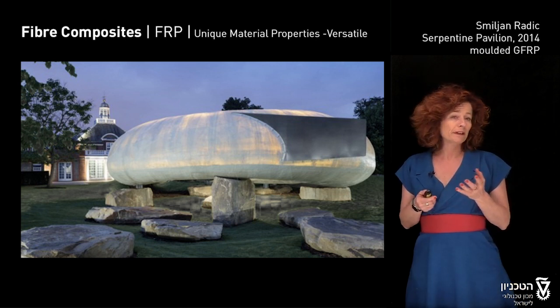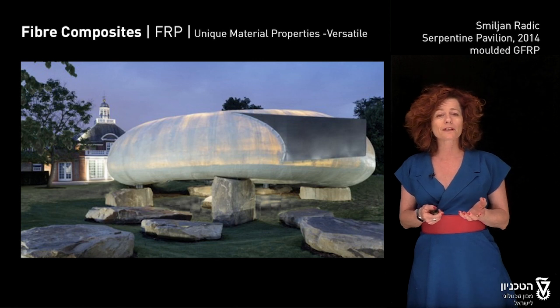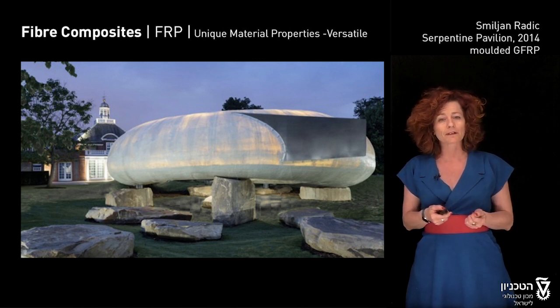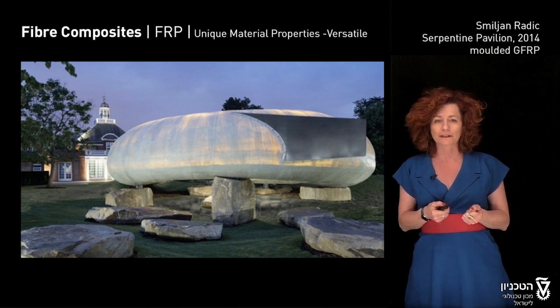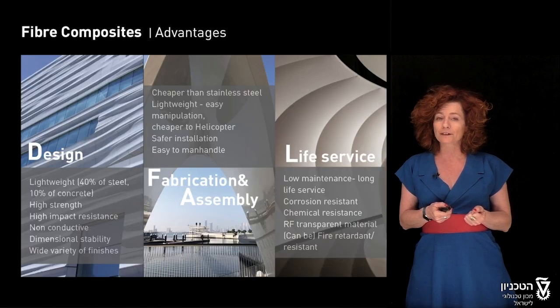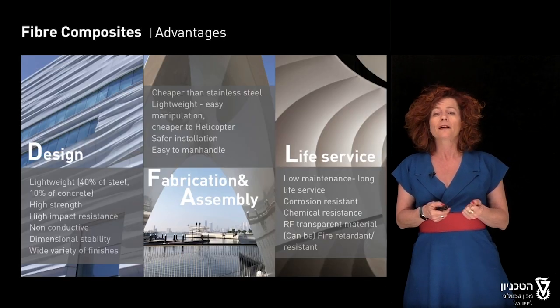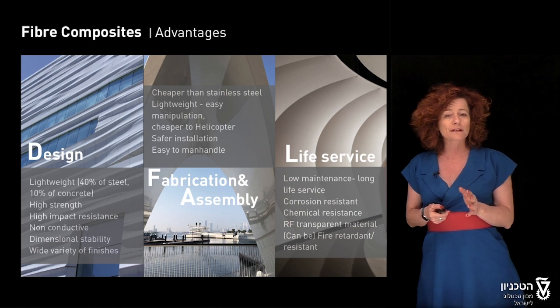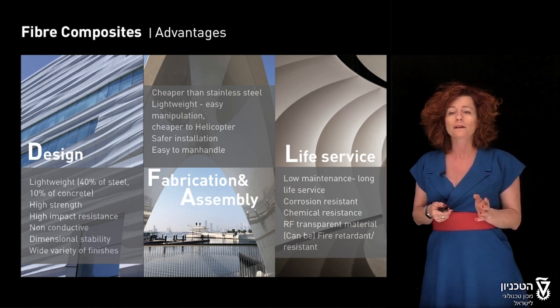These contemporary architectural examples and many more just demonstrate the fact that this material family has unique properties that offer advantages to the architectural world, affecting design, fabrication and assembly, and life service as well.